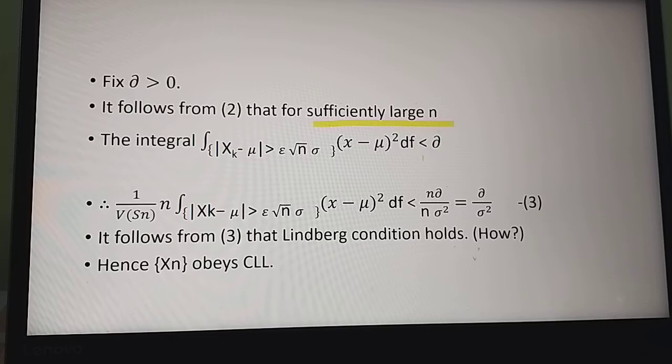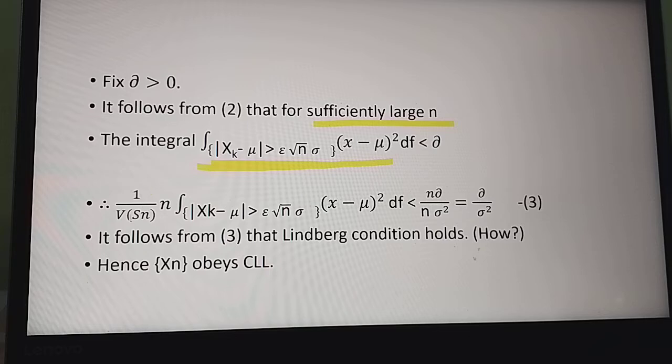Delta is a positive number, and this part will go down to 0 as n tends to infinity. If you fix n sufficiently large, this integral can be made less than delta, because the probability of this set tends to 0. You can verify this using the formula for the Lebesgue integral.